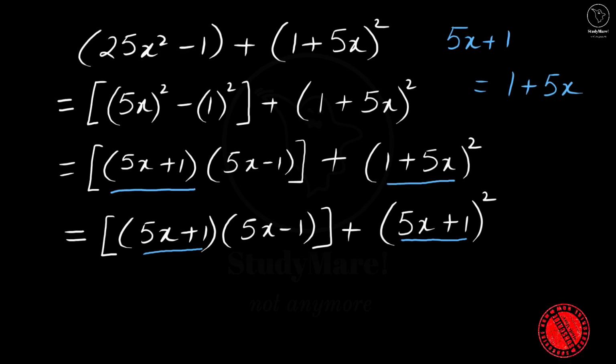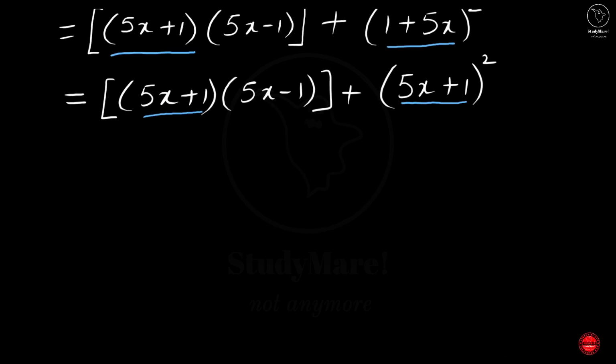Why have we made this 5x plus 1 in both expressions? So that we can take 5x plus 1 as common, pulled out of the entire expression.